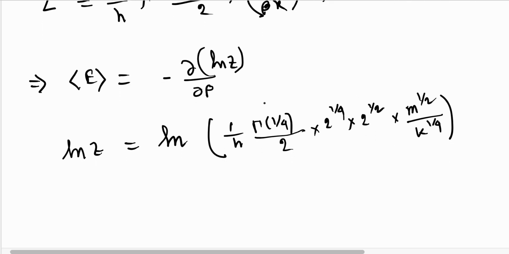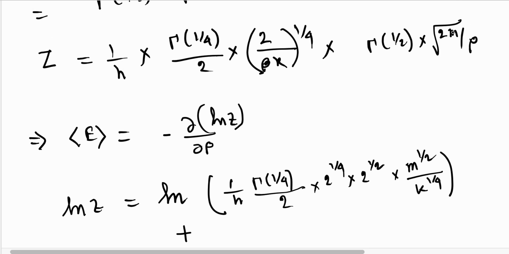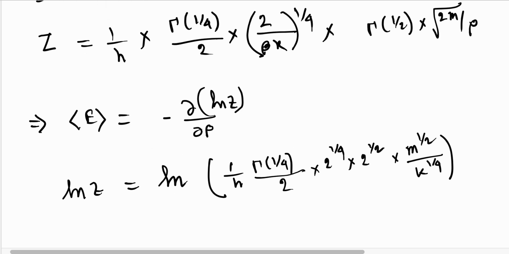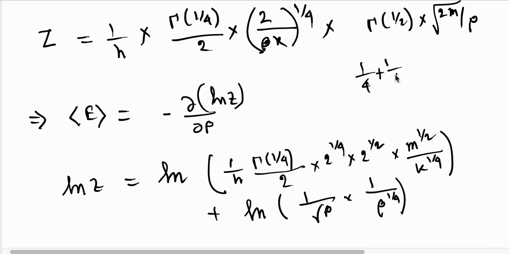This is all the constant that does not depend on beta, because I want the derivative with respect to beta. The second term will be plus ln of 1 by root beta into 1 by beta to the power 1/4. 1/4 plus half, that is 1 plus 2 over 4, so 3/4.